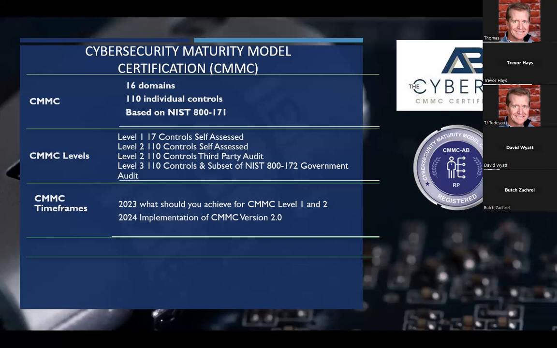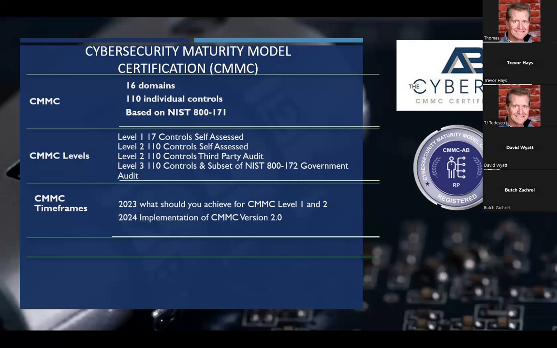Now, in 2024, there's going to be the implementation of CMMC version 2. I know it's been coming, and it is coming, okay? But it is moving at the speed of government. So right now, it is in the finalization of the rules committee.